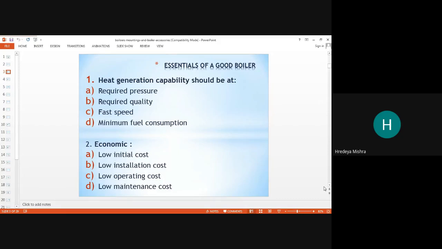Required quality: the steam must be dry to supply to the turbine to create electricity. So required quality means good quality. Then fast speed: the steam generation capacity must be fast. Minimum fuel consumption means fuel consumption input is low.